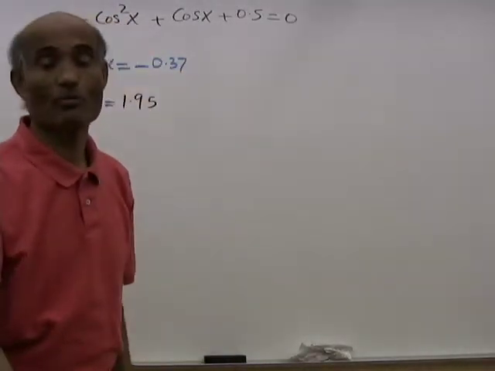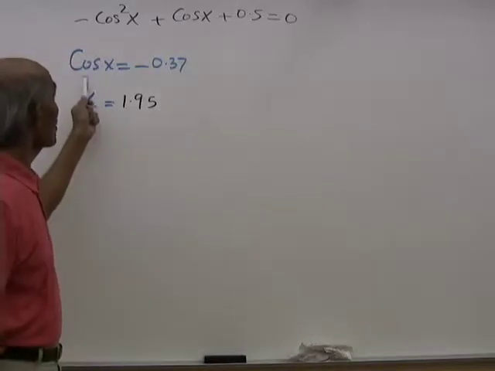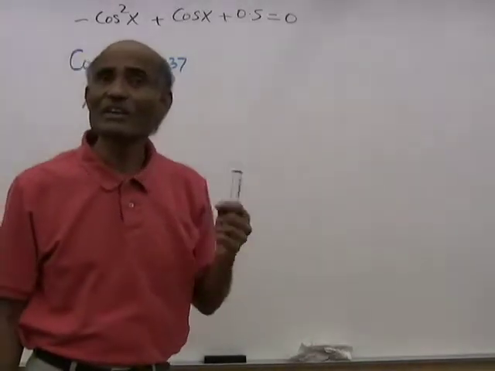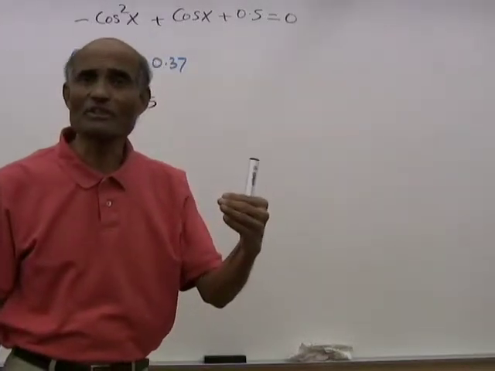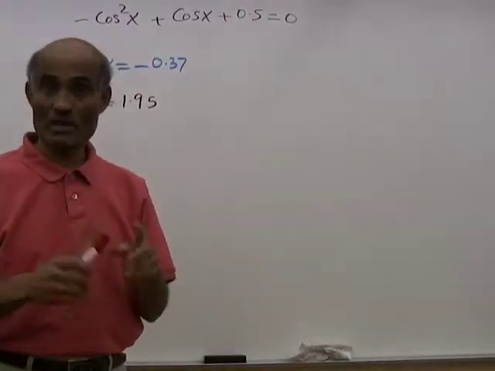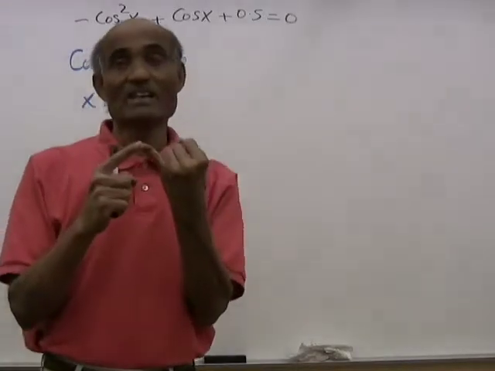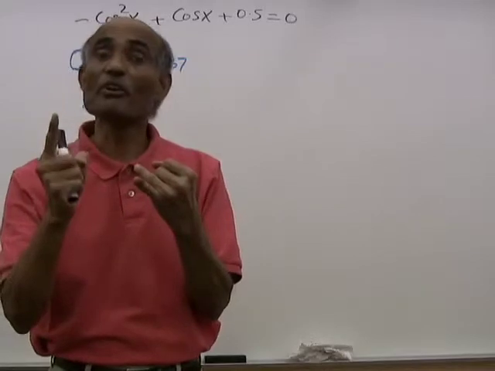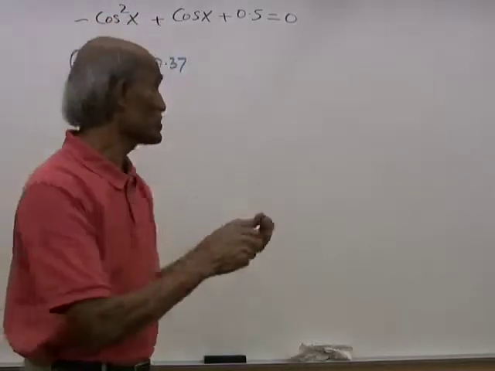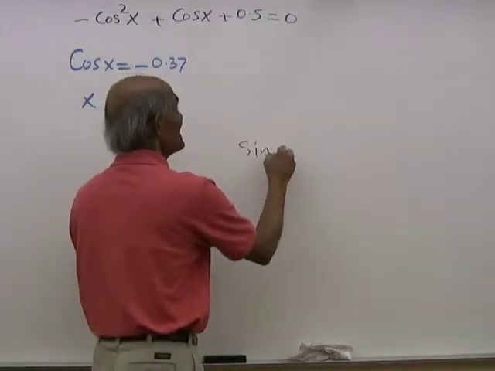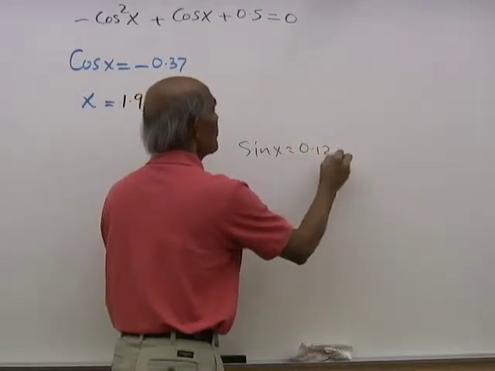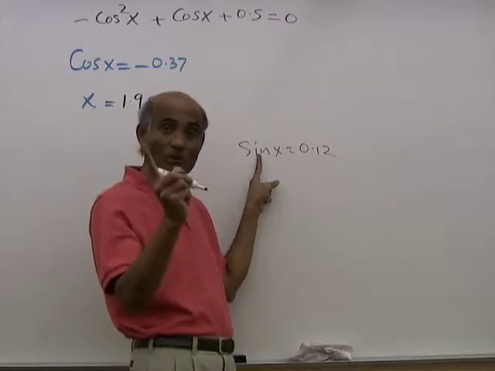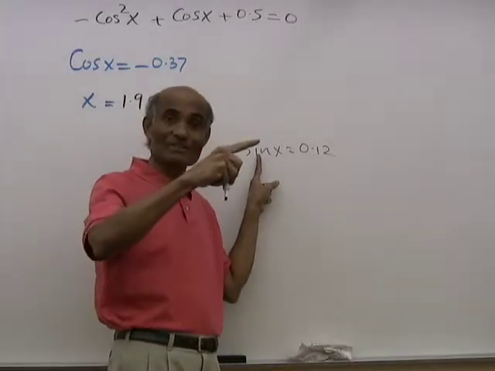Well, no. Why not? Because cos can be negative in which quadrant? Well, remember in the last lesson I told you the trigonometric ratio of sine is positive in the first and second quadrant. So if you get sine x equal to say 0.12, this x has got two values, one in the first quadrant, one in the second quadrant.